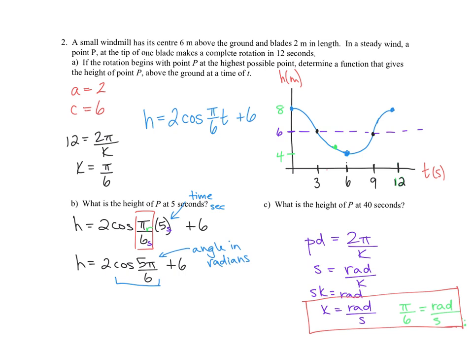When I sub in my 5 for seconds, we notice that these seconds divide out and we are left with 5 pi by 6 radians, which is why we can continue on and complete our math in radians.